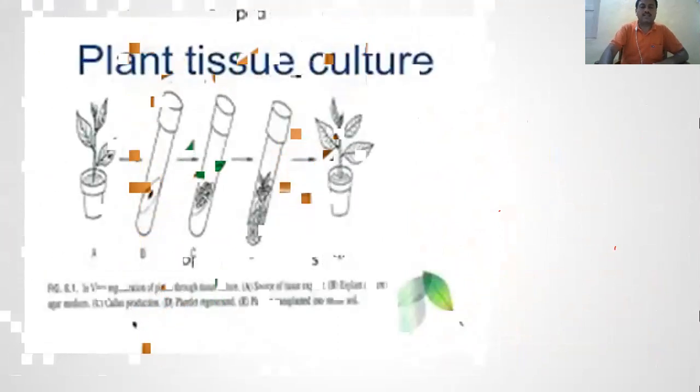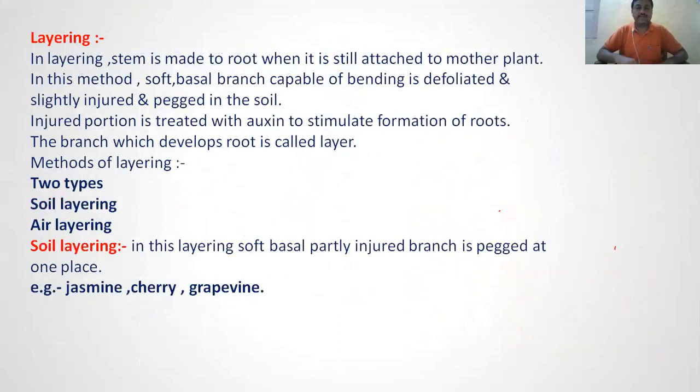And last, it is layering. The stem is still attached to the mother plant and develops roots. They may remove it from the mother plant to produce new offspring. In layering, two methods are involved: soil layering and air layering.